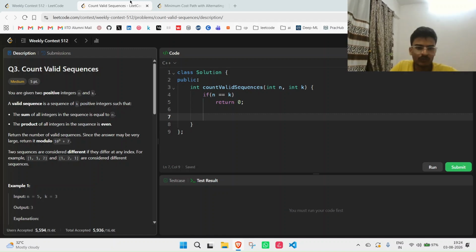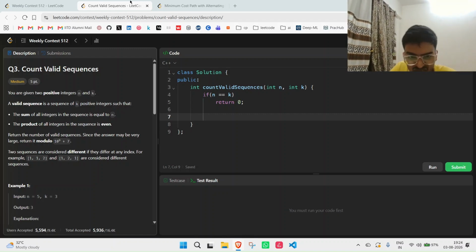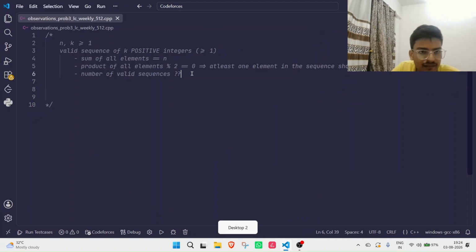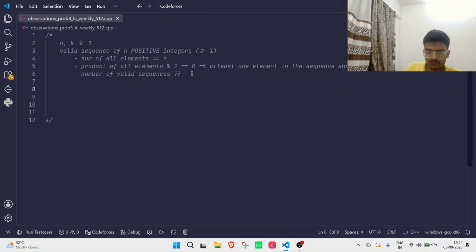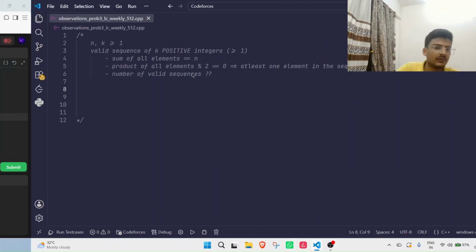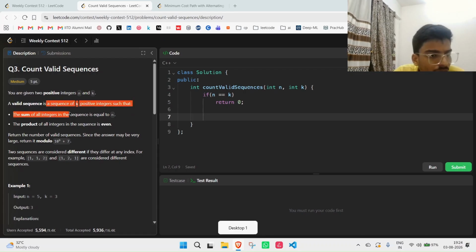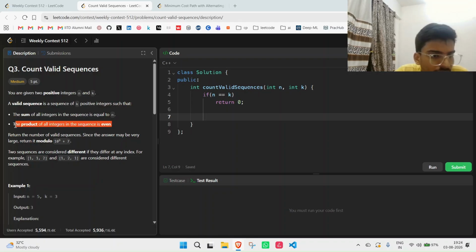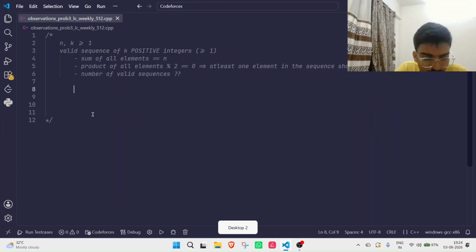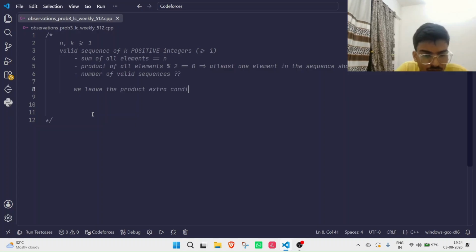One more thing we can observe, right? The sum is n, right? That's what is given. The sum of all the integers is equal to n. Let's just leave the product condition aside for now.